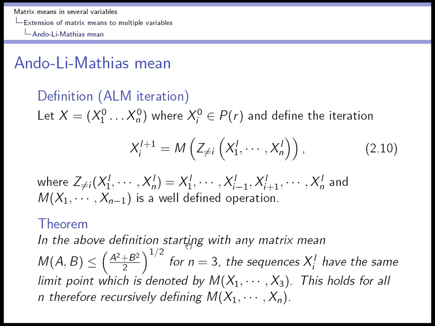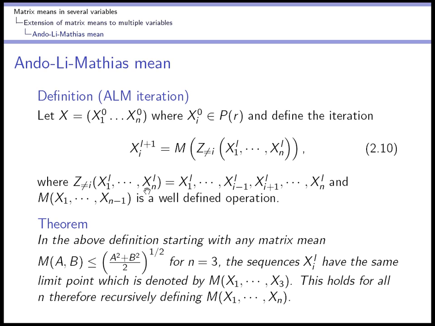Now, let us turn to the Ando-Li-Mathias mean. This mean was defined mainly for the geometric mean, and it is based on a similar iterative procedure. We consider, first, n positive definite matrices. And we take every n-1 combination of this n-tuple, which is done by this z_i operator here.